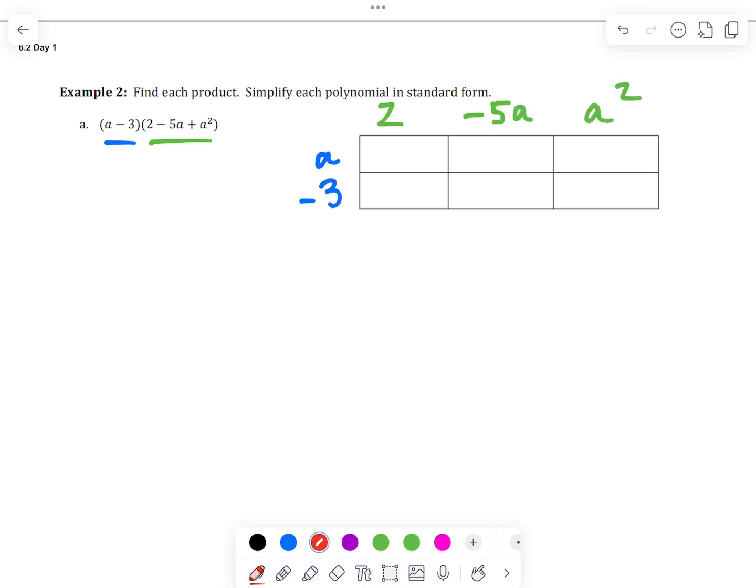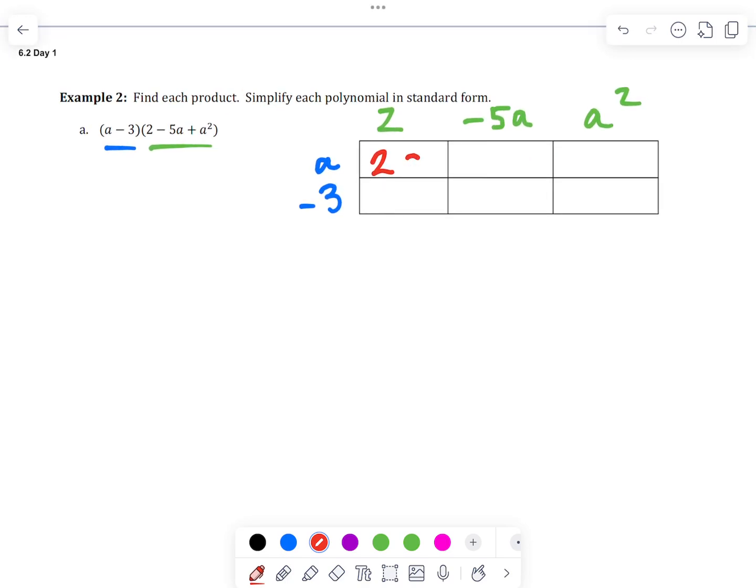And now we multiply. 2 times a, 2a. A times negative 5a, negative 5a squared. A times a squared, a cubed. Negative 3 times 2, negative 6. Negative 3 times negative 5a, positive 15a. And then last is negative 3a squared.